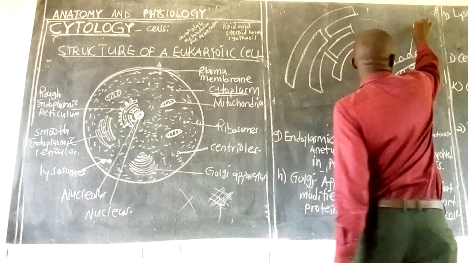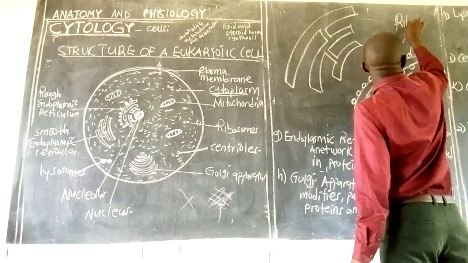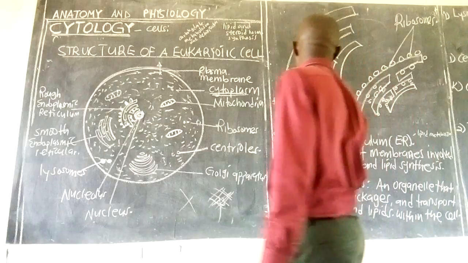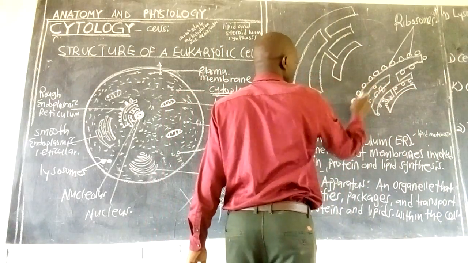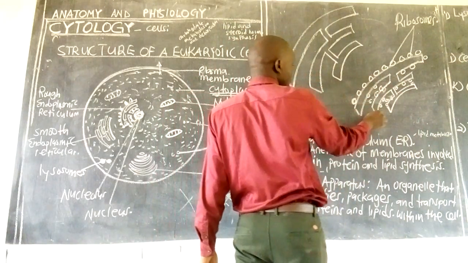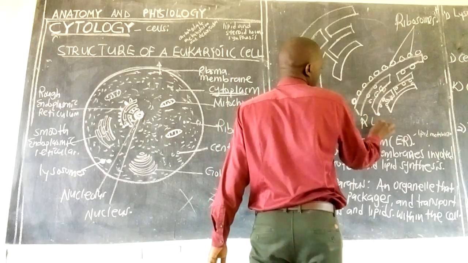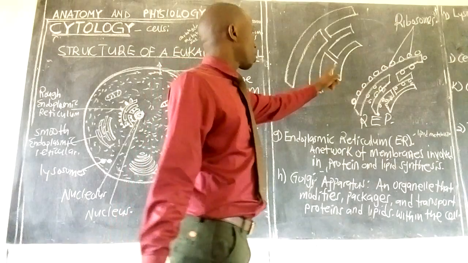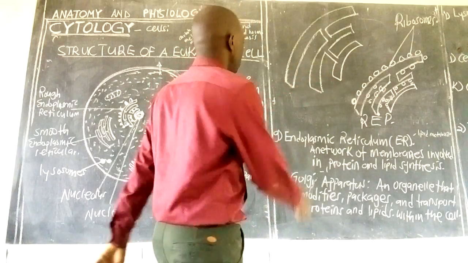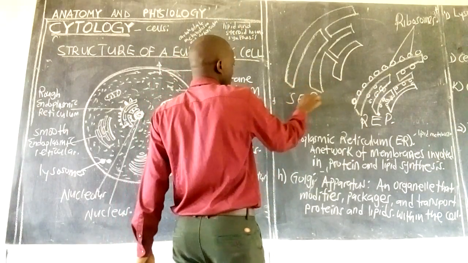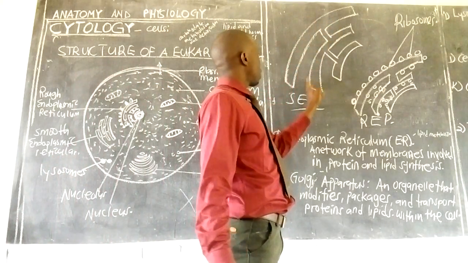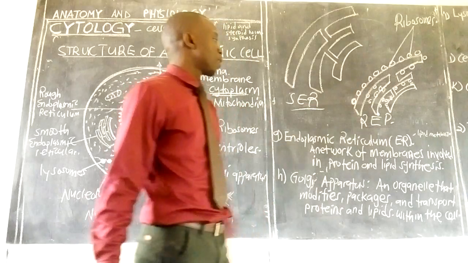So these structures we have put, I'm going to call ribosomes. The one with ribosomes attached to it is what we call the rough endoplasmic reticulum. This endoplasmic reticulum without ribosomes is what we call smooth endoplasmic reticulum, because it has no ribosomes attached on its surface.